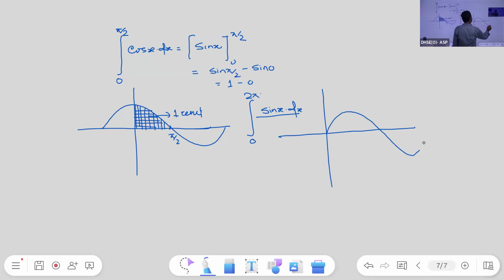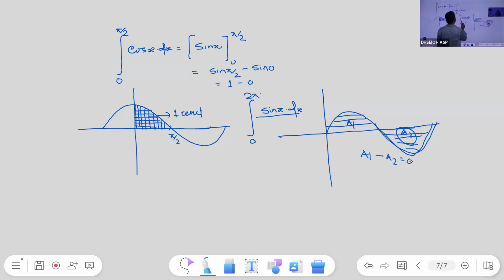The graph of sin x is like this. This figure is symmetrical with this figure. So this area equal A1 and A2, but this is negative area, this is positive area. A1 minus A2 equal to 0.